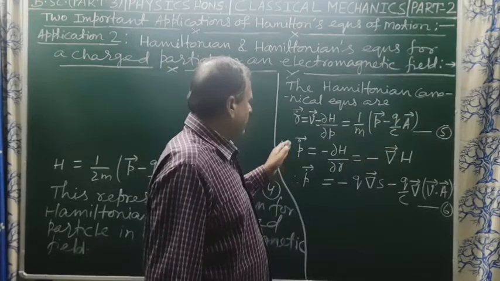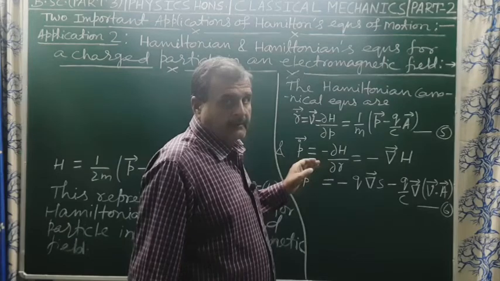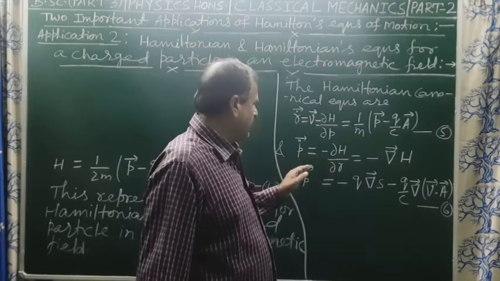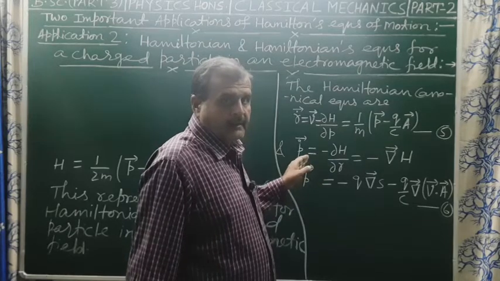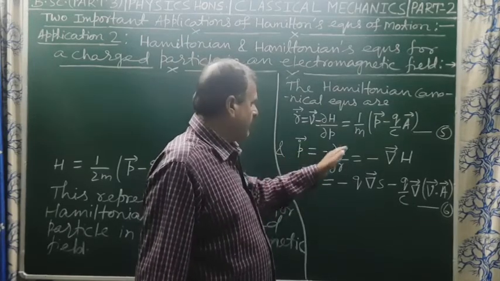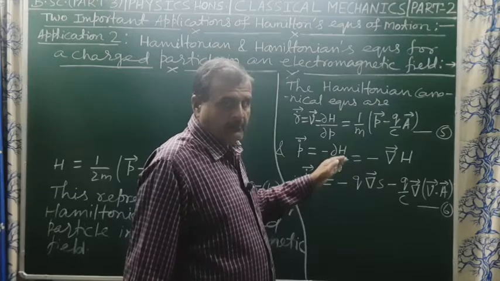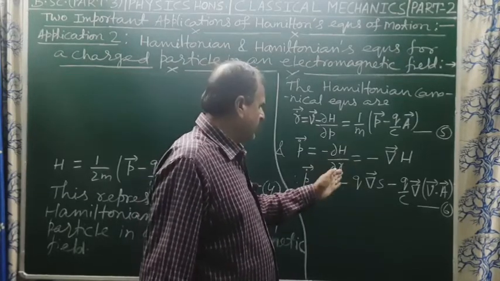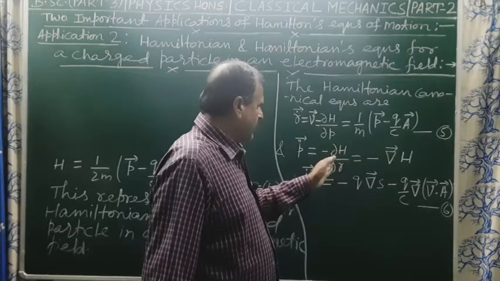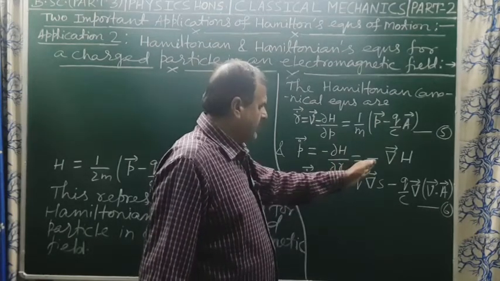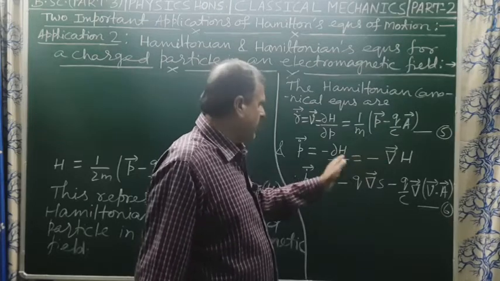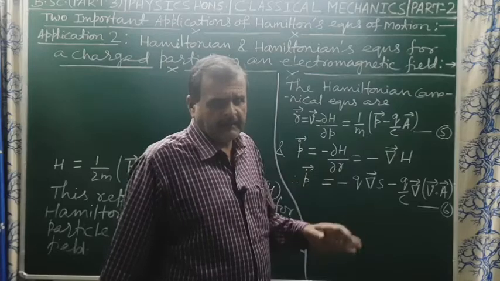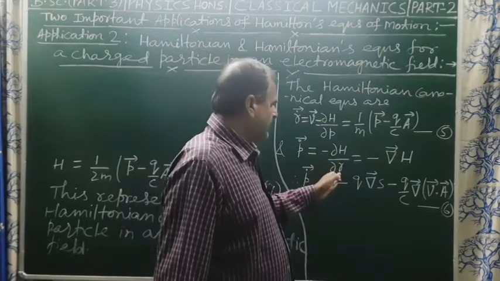And for the second equation, Hamilton's second equation of motion for a charged particle in an electromagnetic field, p dot vector, that is the rate of change of momentum, is equal to minus ∂H/∂qk, and in place of q, qk is position, so we can write ∂H/∂r. In place of ∂/∂r we can use grad, since the r vector is equal to x i cap plus y j cap plus z k cap.